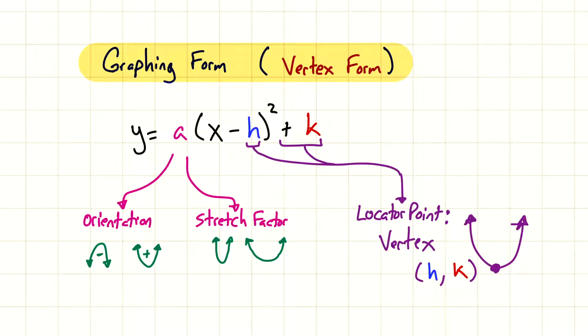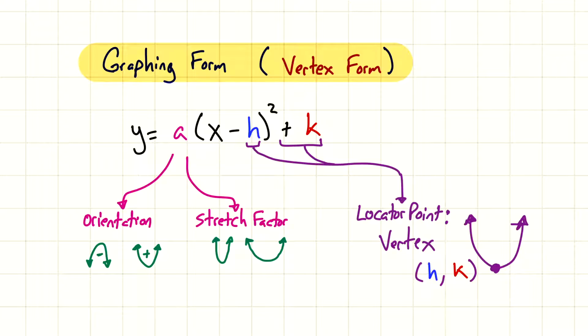A negative orientation means it's going to look upside down, like a frown. And if it's positive, it's going to be smiling, because maybe it has a positive attitude, you're going to smile. Negative attitude, you might be frowning all the time. All right, so the nice part is all we need to see is whether there is a plus or a minus in front.